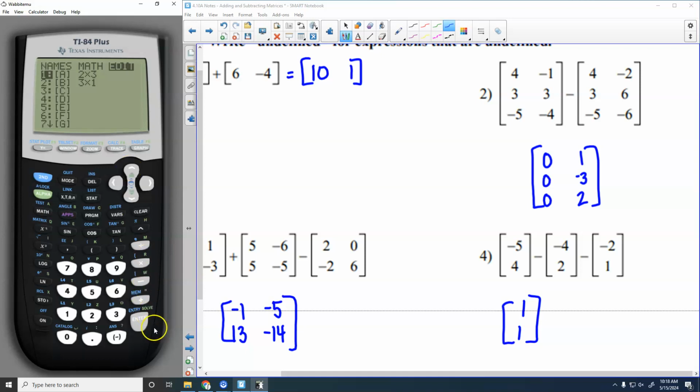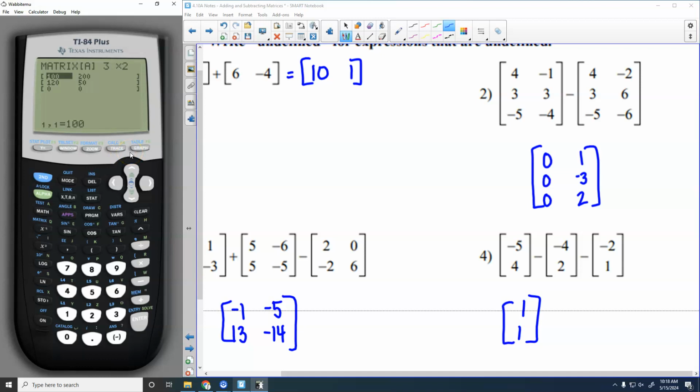So I'm going to go to A first. And let's do number 2. So what is the order of number 2? 3 by 2. So we'll have 3 by 2 here. And you can tell if you did it right or not because the columns and rows will show up in the right spots here.